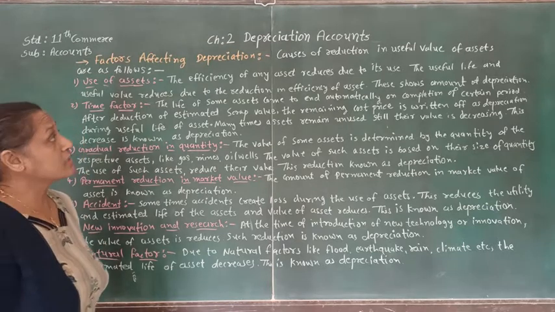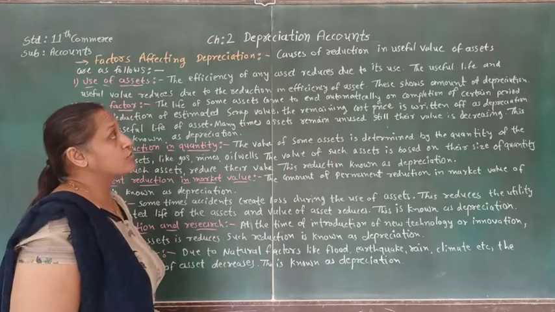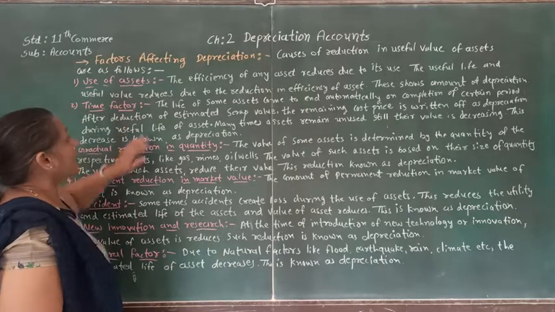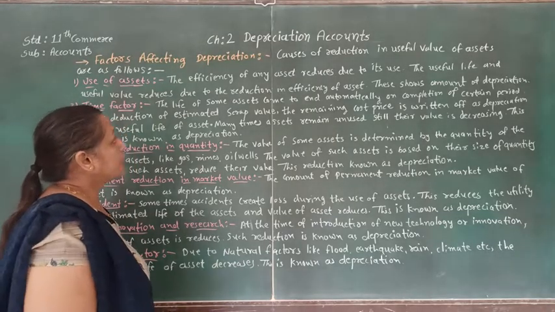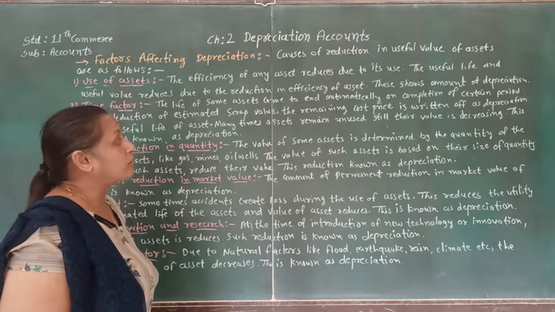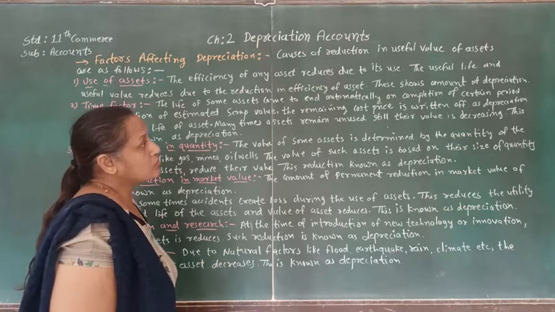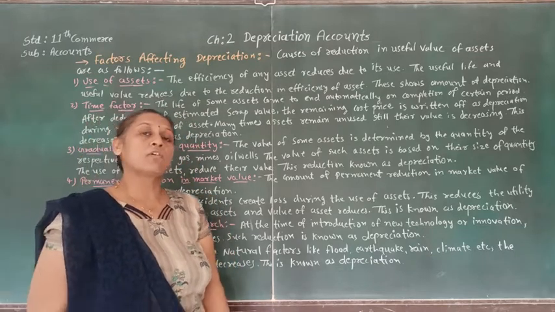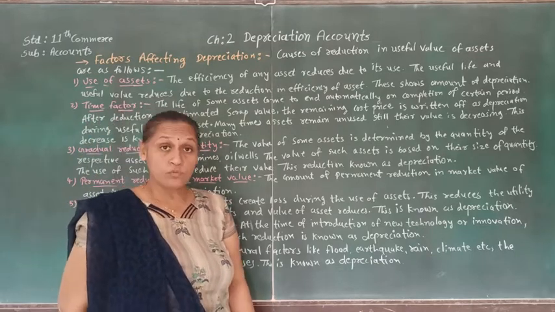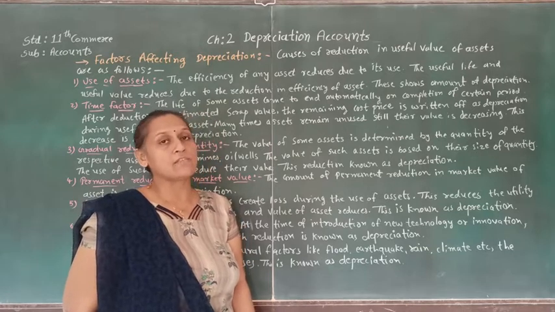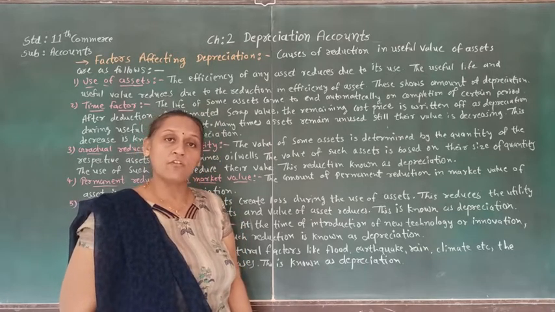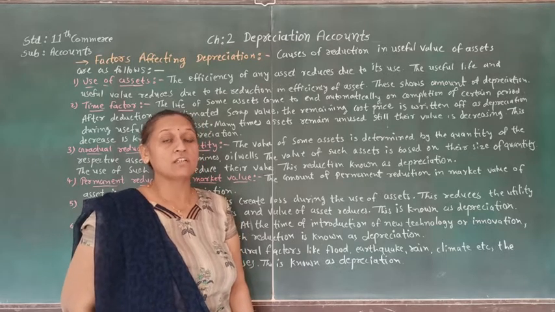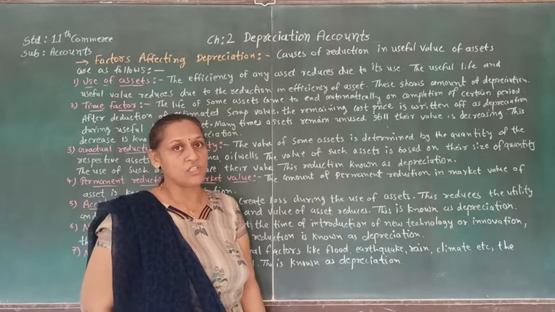The efficiency of any asset is reduced due to its use; useful life and useful value are reduced, and that reduction is called depreciation.